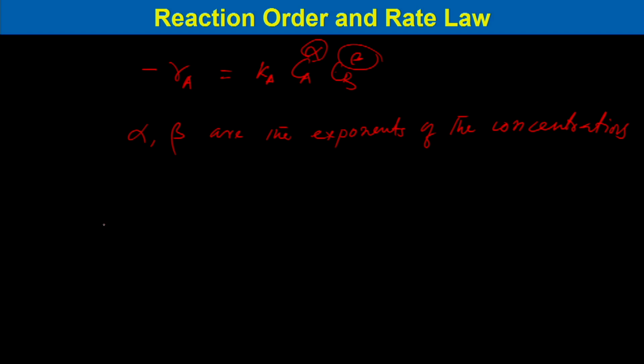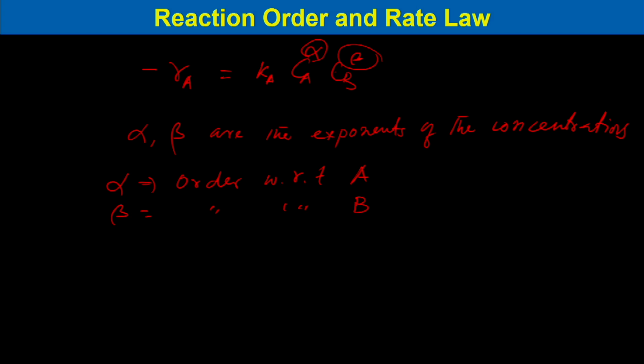So, alpha is the order with respect to A and beta is the order with respect to component B.